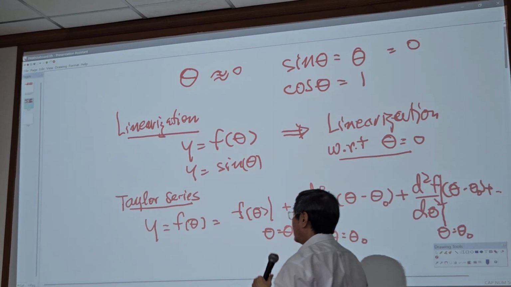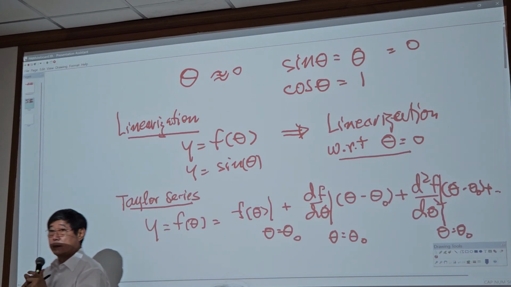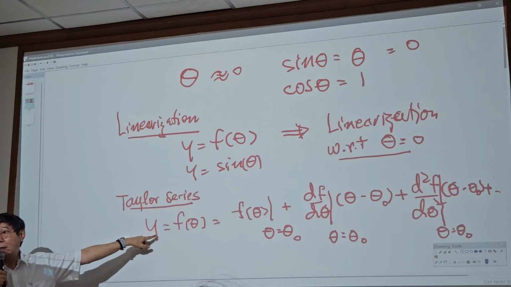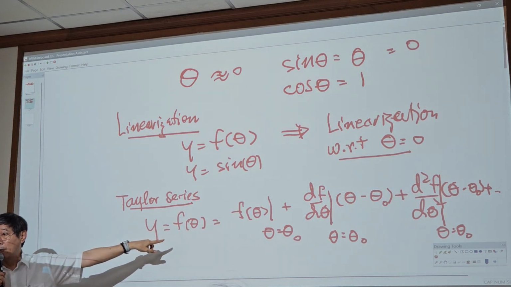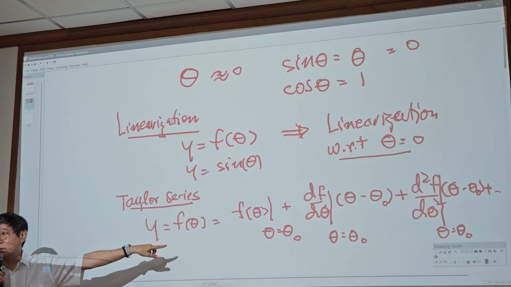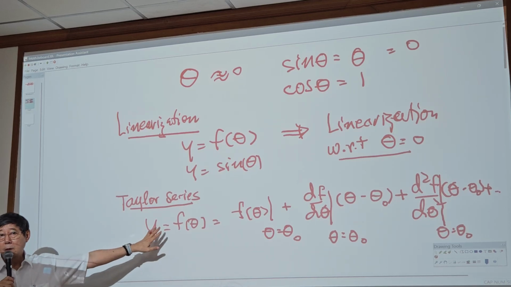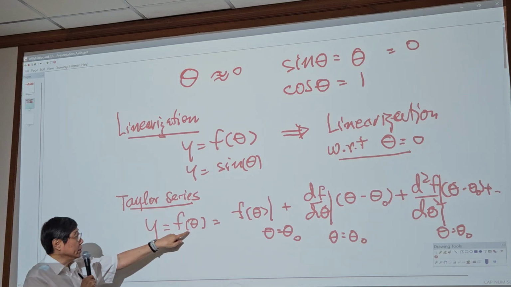Okay, Taylor series. You have this one. This is for only a single variable, right?